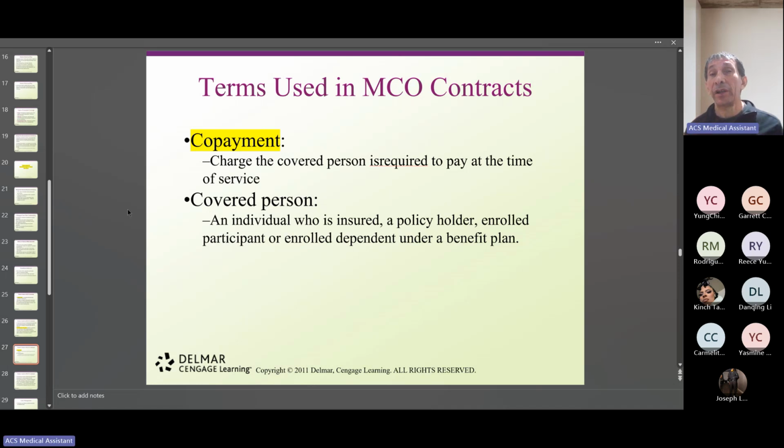You're probably familiar with copayments. Think about when you're going to buy a property, something that you cannot afford to buy in cash, or you just don't want to pay cash for it, and you're going to take installments instead. So that's similar. You're going to give a down payment.